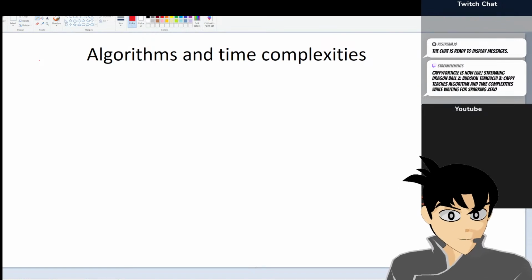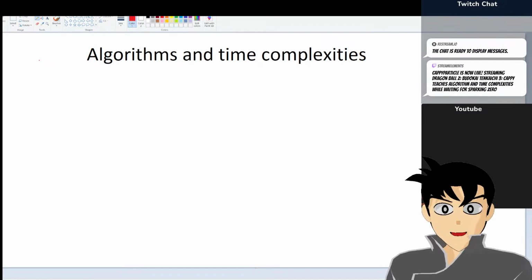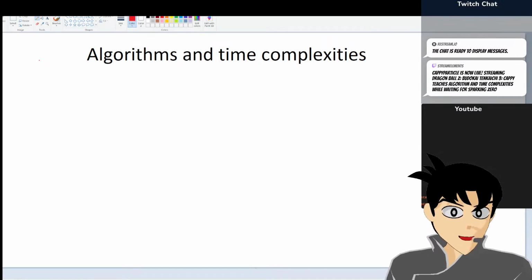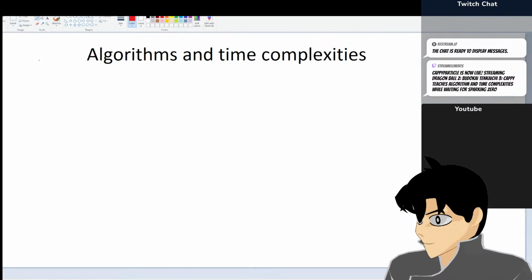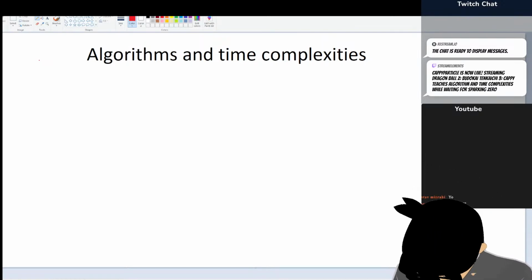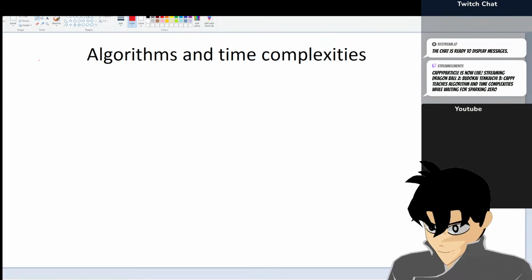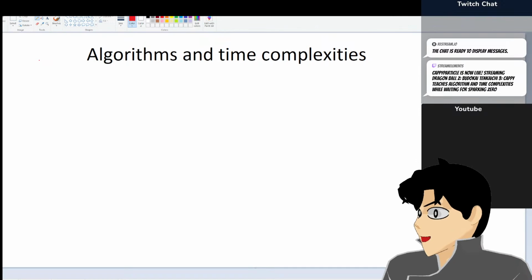Alright, I guess I'll check on my phone just in case so I don't accidentally show too much. So, okay, from there, now I've explained partially what time complexities are. Announcements. Oh, no. Nothing important.